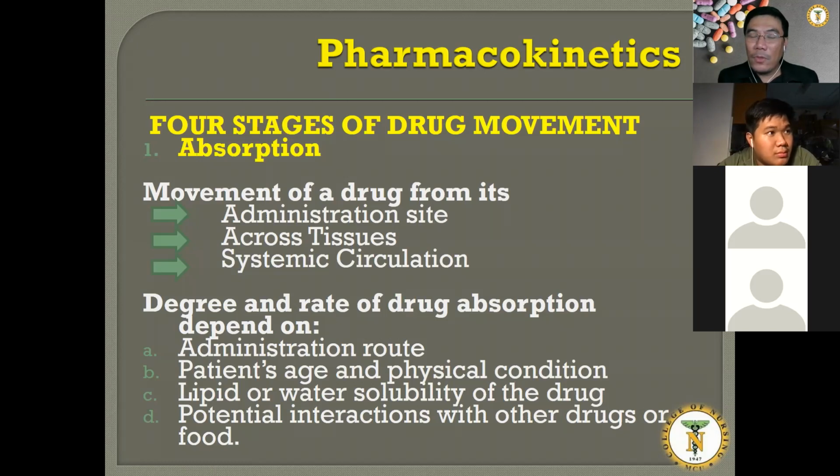If the sputum test or culture and sensitivity test after 2 days revealed the results that it's already decreased yung quantity of the microorganism, it means that the antibiotic given intravenously for 2 days is already sufficient.